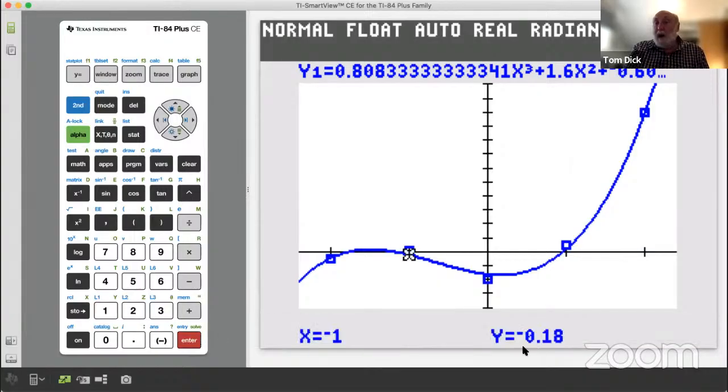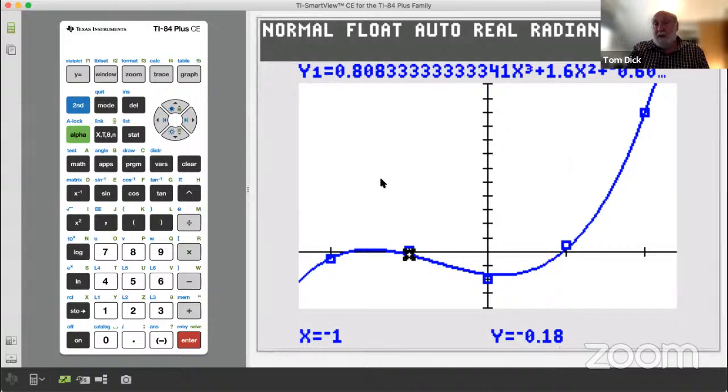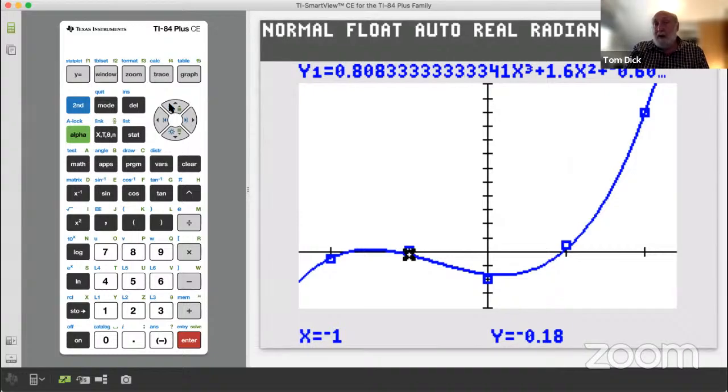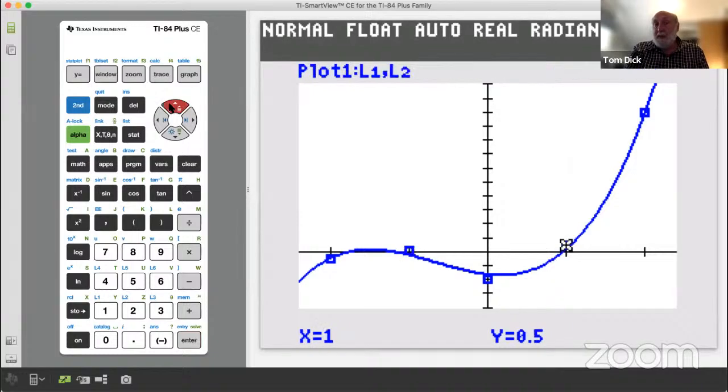So my model predicts -0.18. But if I hit the up arrow on my trace and go back to -1, I see the actual data value was 0.1. So it was clearly predicting a value below the actual value.